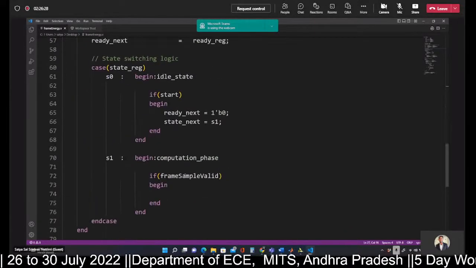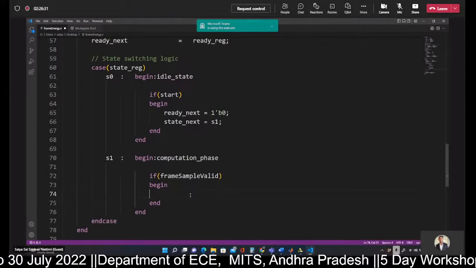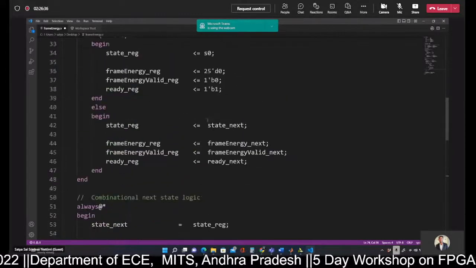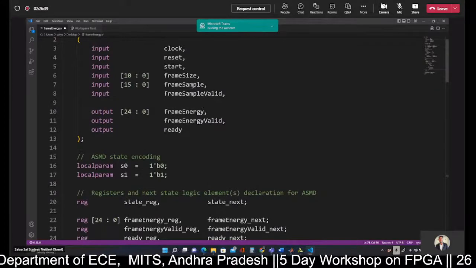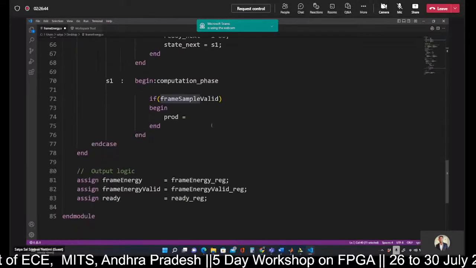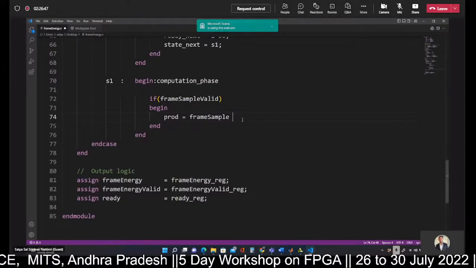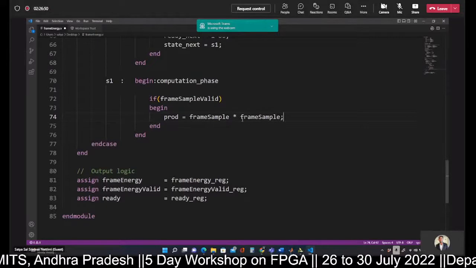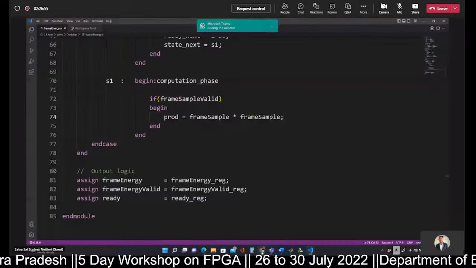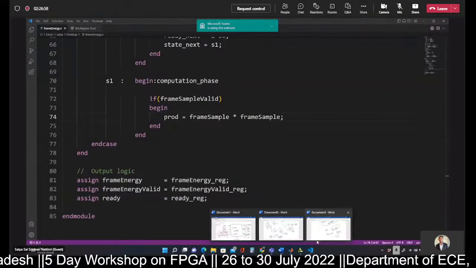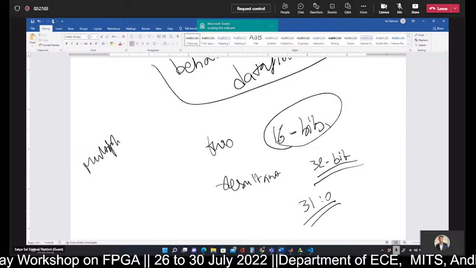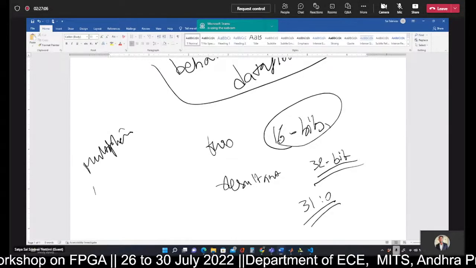Now what I am doing is prod equal to the samples I'm receiving on this frame sample input. There are two options for a multiplier.